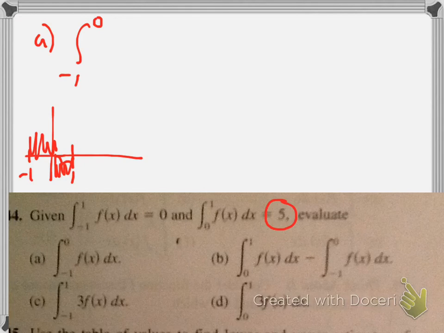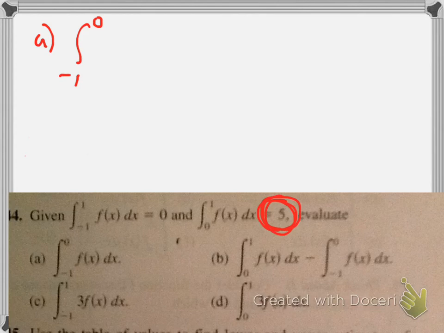So we're really going from -1 to 1, and you can take away this part, which is 5. So actually I should have drawn it.